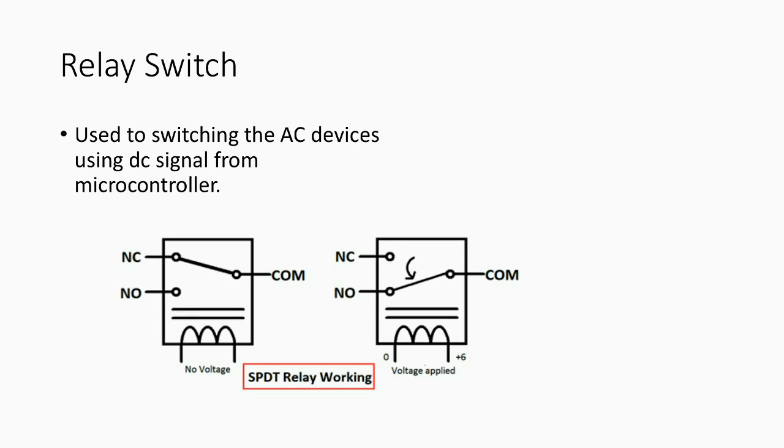When the power supply is applied, it connects to the normally open pin. With that logic we can switch the heater on or switch it off, and the remaining parameters work the same way.